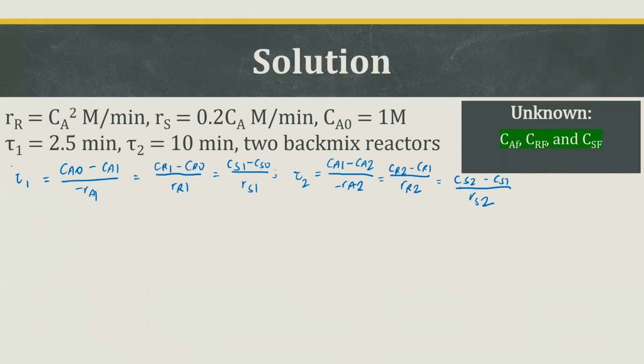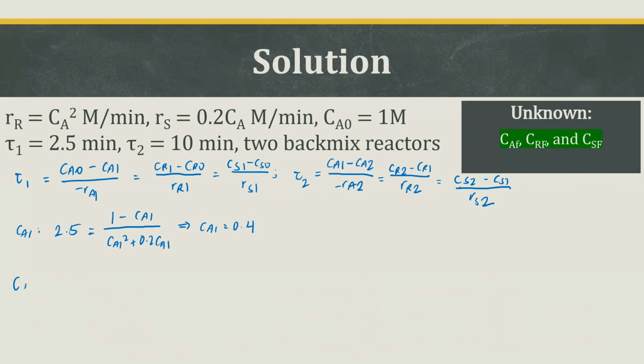Now, let's solve first for the one after the first reactor. So for Ca1, we have 2.5 equals 1 minus Ca1 all over Ca1 squared plus 0.2 Ca1. So this should give you Ca1 equal to 0.4.